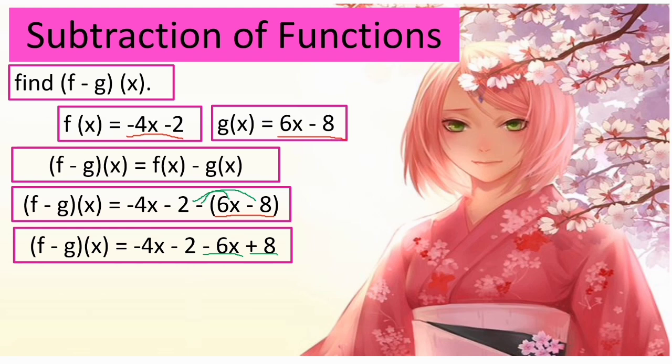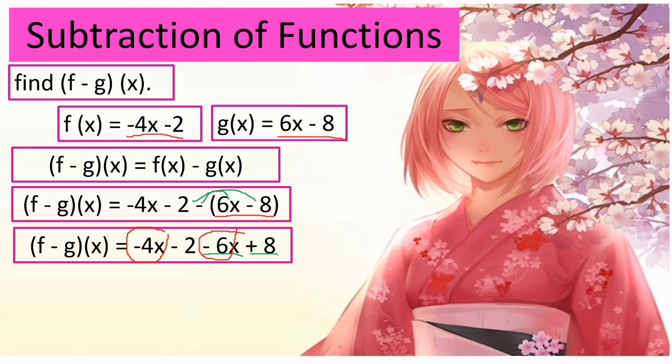And then, very good, combine like terms. Saan dito yung magkakasama? Ang magkakasama dito ay ang negative 4x at negative 6x, kasi pareha silang may variable na x. So, negative 4x minus 6x is equal to negative 10x.